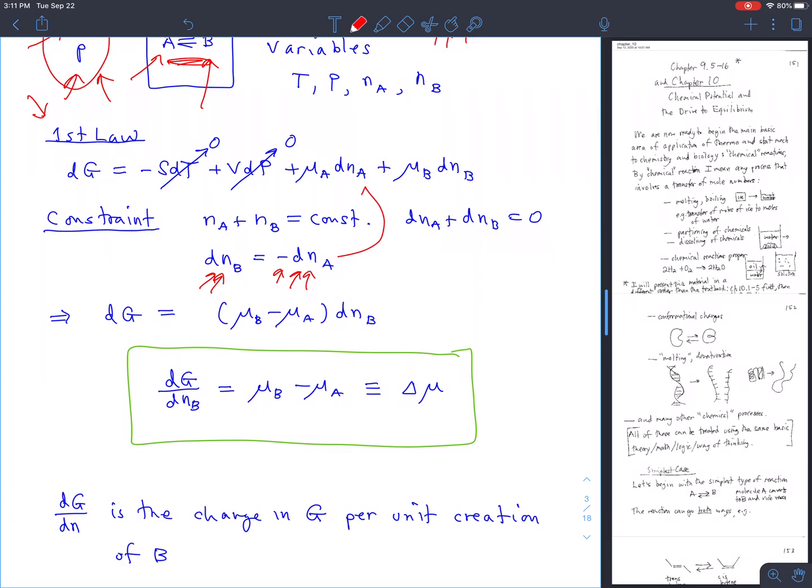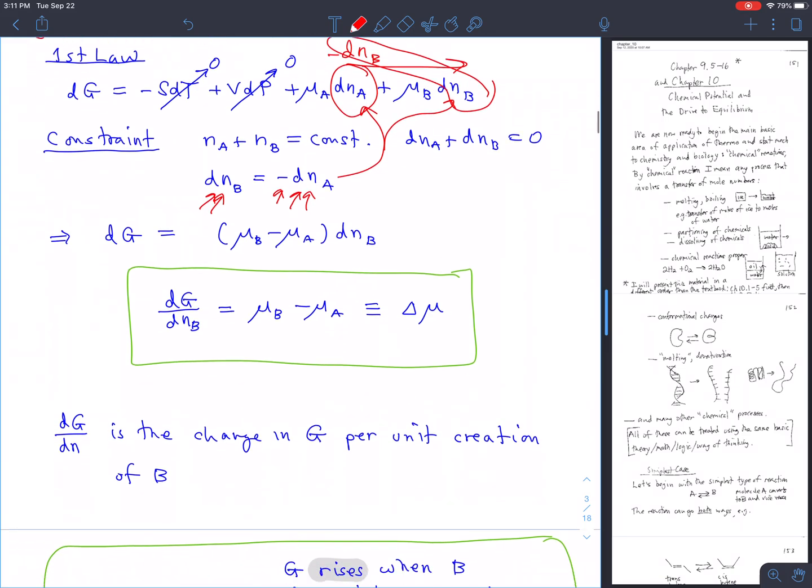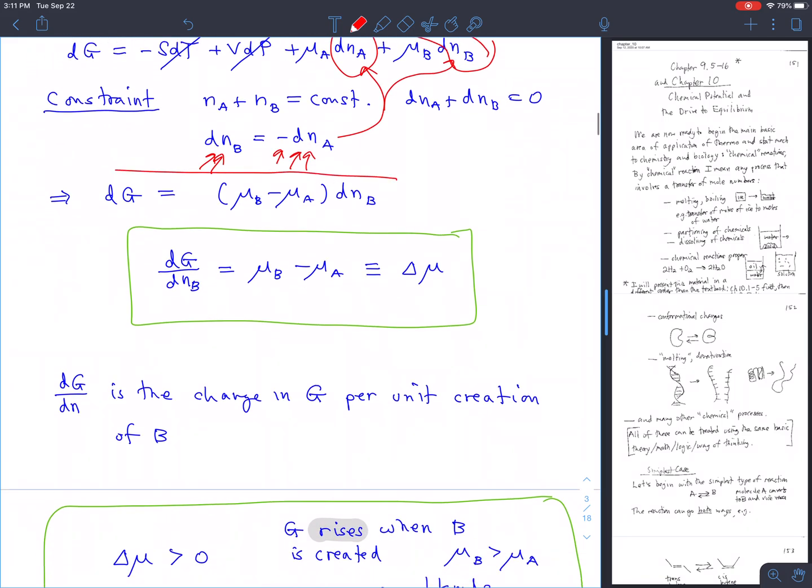We plug that relationship up in here and here. Basically, we can eliminate this variable. That becomes minus dNB, and then we can factor the dNBs out here. And now we get the following, that now, after boiling things down a little bit, the change in the Gibbs free energy is equal to the difference in the chemical potentials on the two sides of the chemical reaction times this small change in the number of moles for the product, species B.